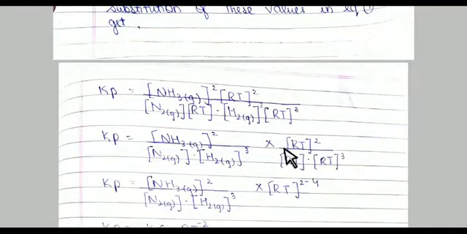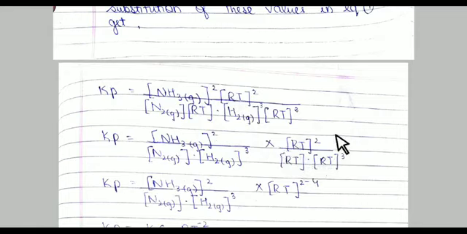Now keep the RT common. So from the numerator RT squared, and from the denominator RT and RT cubed, we have to separate this RT. Now these 3 and this 1 make 4.